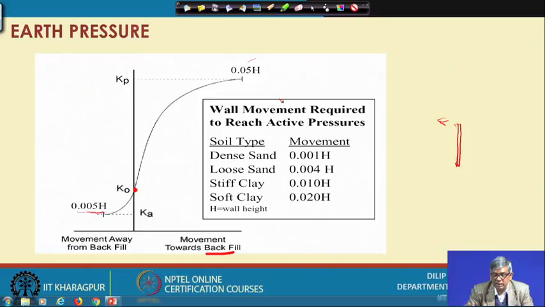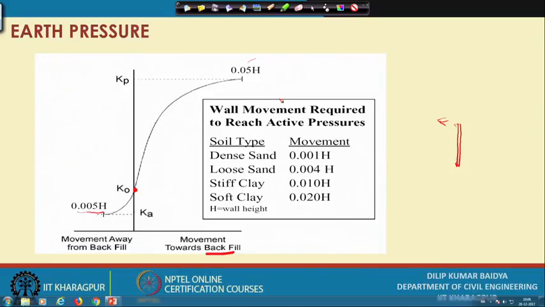If the height of the wall is h, then 0.05 h is the maximum wall movement for the passive case, whereas 0.005 h movement is possible before failing in the active case. This movement is the maximum given, but again it is based on soil type; for dense sand, it is actually 0.001 h to reach active pressure.